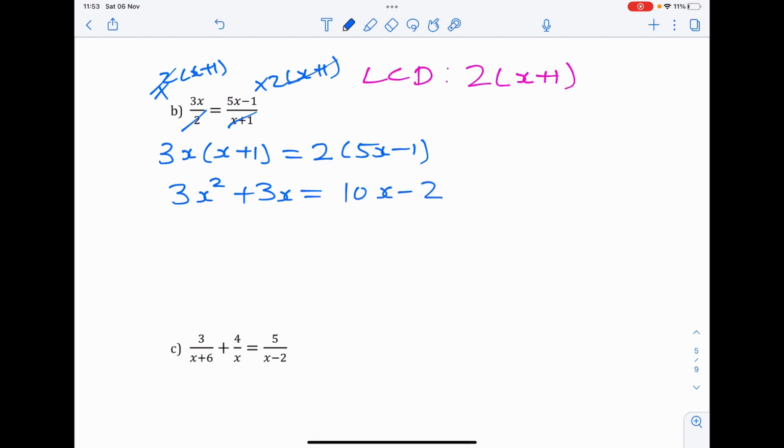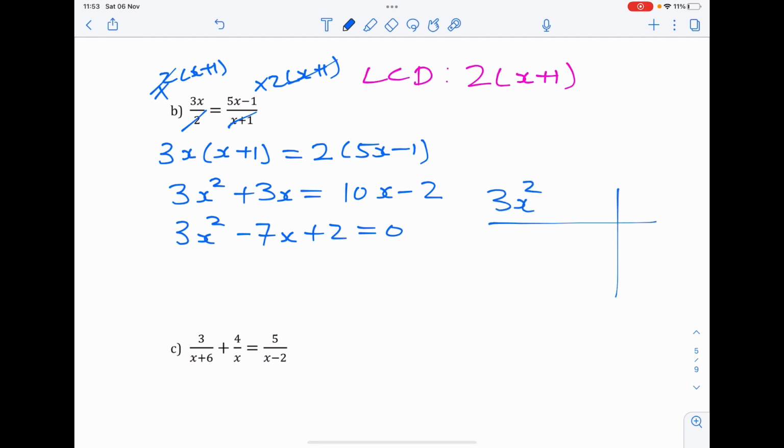Again, I can see it's a trinomial because there's a squared, there's x's, and there's a constant. So we bring everything over to the left. 3x squared, 3x minus 10x would be minus 7x, plus 2 equals 0. Let's do the factors. 3x squared plus 2 on the other side, the middle term minus 7x.